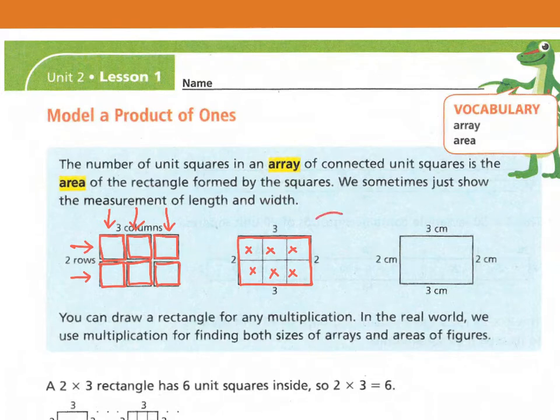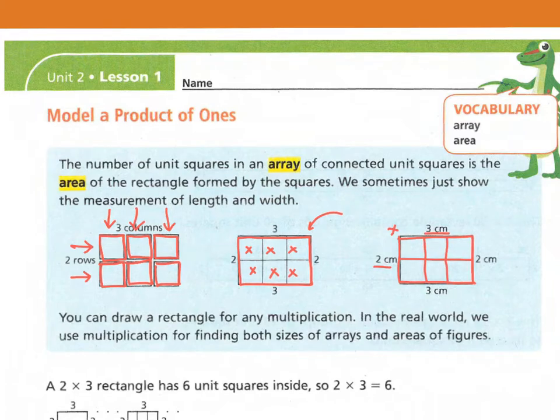Now, it's nice when they have it all drawn out for you in the second picture, but sometimes they're just going to give you the measurements like in this third picture here. So instead of having the actual squares, what they're saying here is that I have 2 rows and 3 columns, and I can multiply those two numbers, 2 times 3, to get 6. All I'm doing is imagining that this is cut into 2 rows and 3 columns.